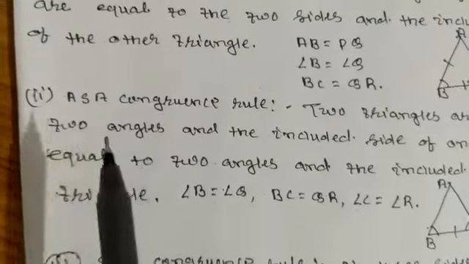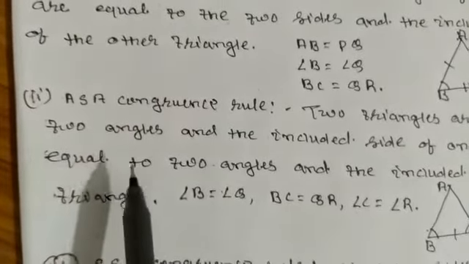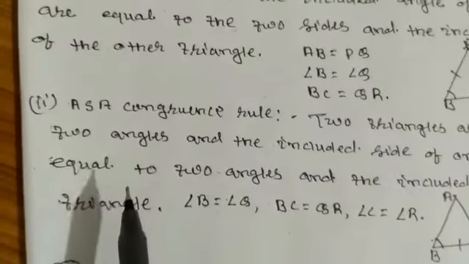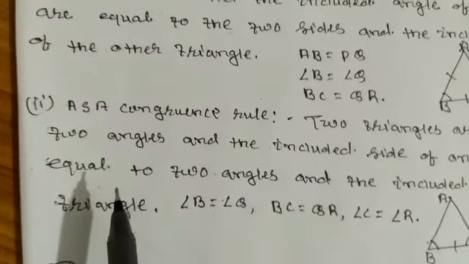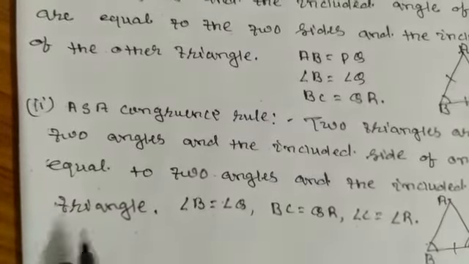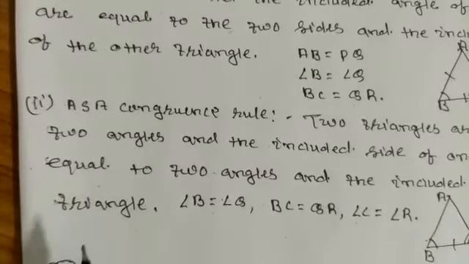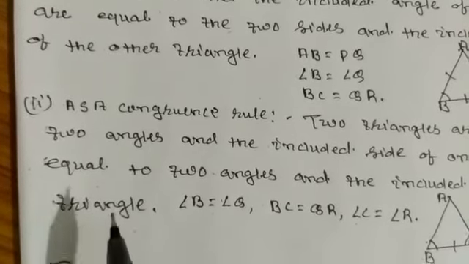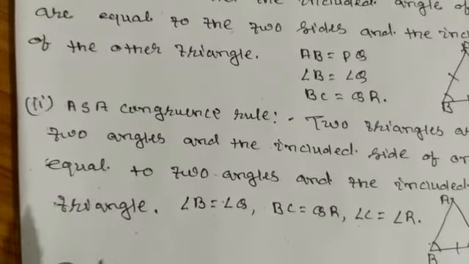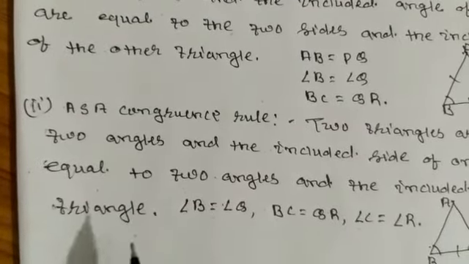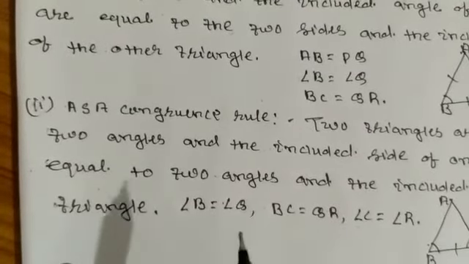Students, I suggest that first of all you must clear all the criteria of congruency of triangles well, so that wherever the application is required, you have no confusion in applying the criteria of congruency.